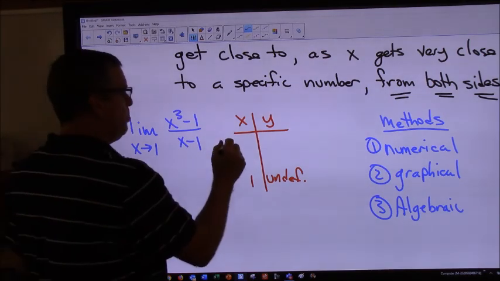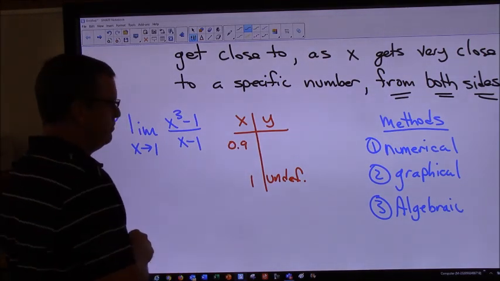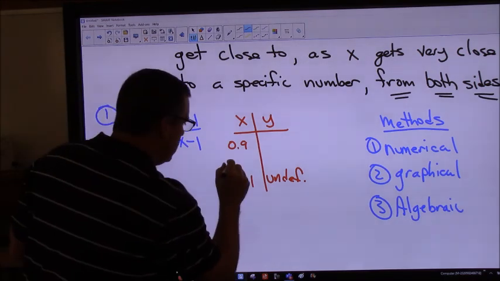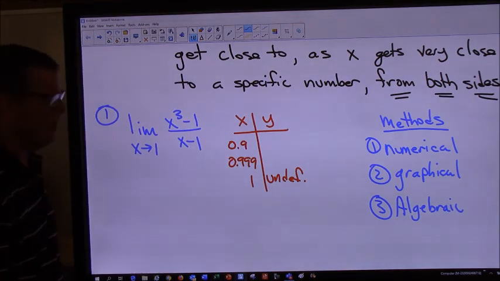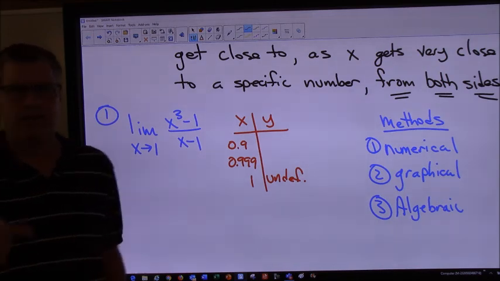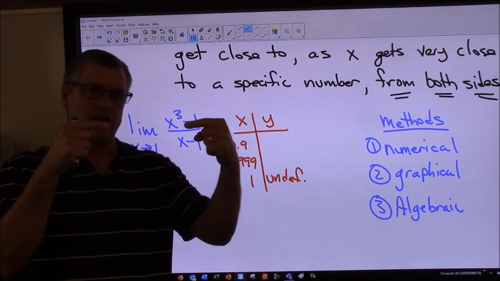All right, so I want to plug in numbers really close to 1. I know that 0.9 is pretty close. 0.99 is even closer. And 0.999 is even closer to 1. That's from the smaller side. Okay? When I said I'm coming at it from the negative direction, it doesn't mean you have to have negative values.